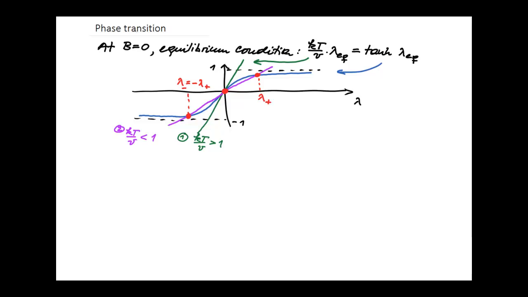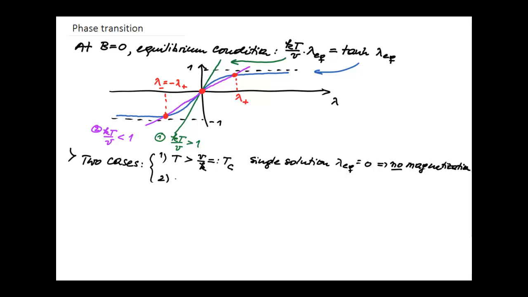So we find that there are two cases. Case 1, this is where I can now solve the condition for T, and I can say this is where the temperature is larger than v over k, and let me define this as Tc, a critical temperature. When the temperature is larger than this critical temperature, then there is a single solution, namely lambda equilibrium is equal to 0, and this corresponds to no magnetization.